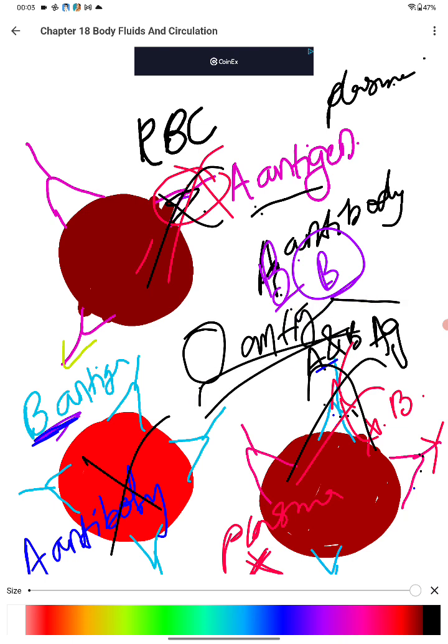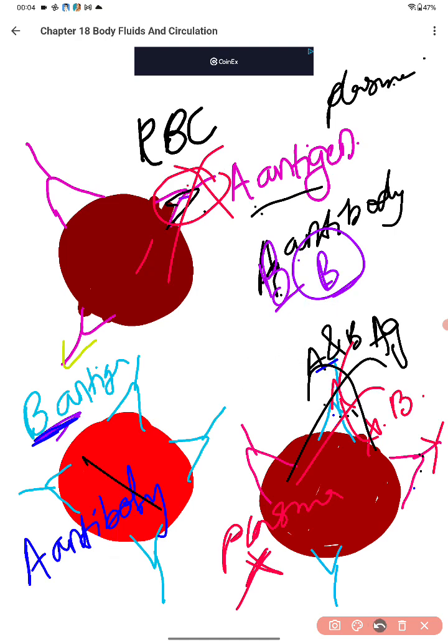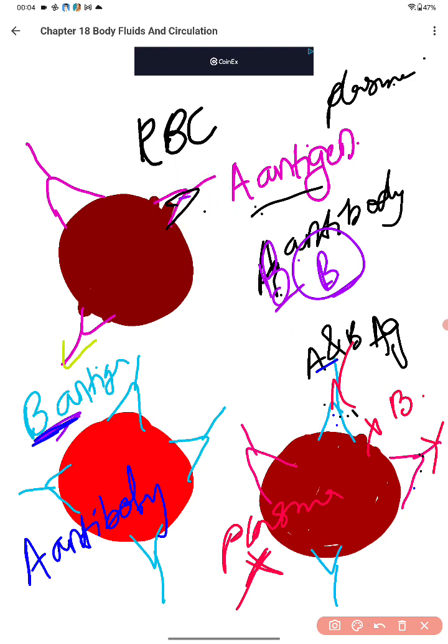For O, we have both A and B antibodies, because it will not destroy the RBC, since there is no antigen itself. If there is antibody in the blood, nothing will happen. Okay, so this is the thing.